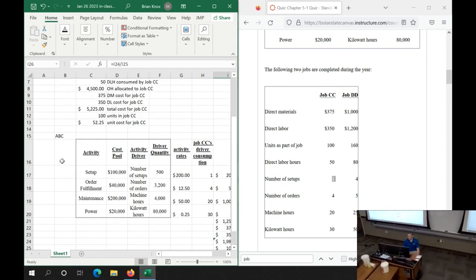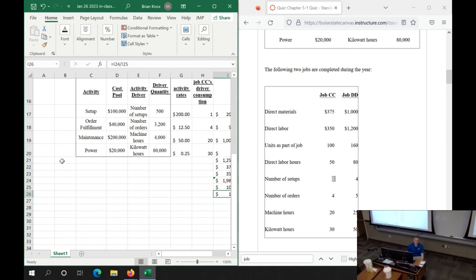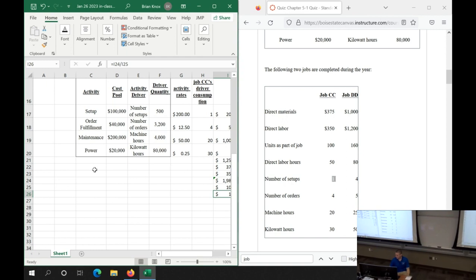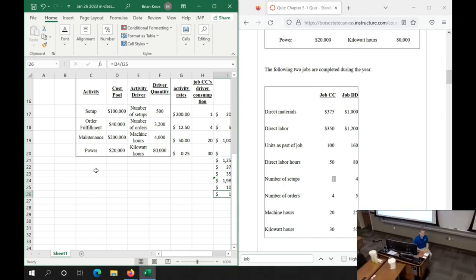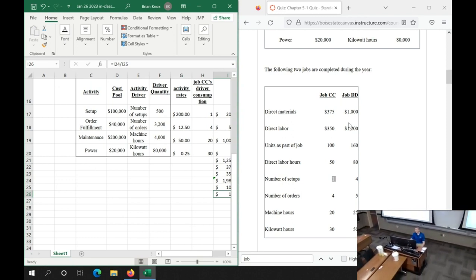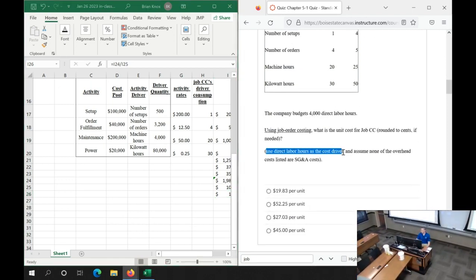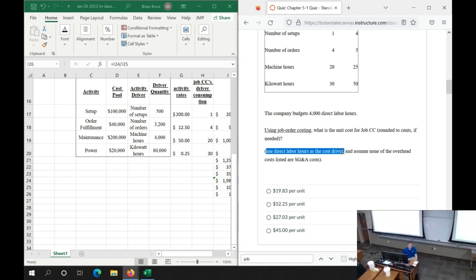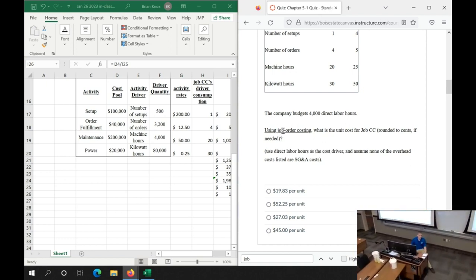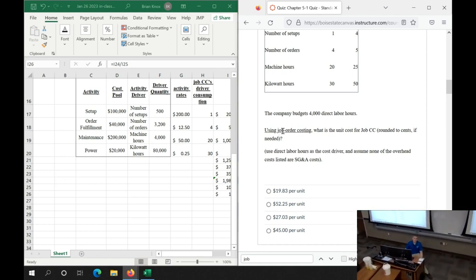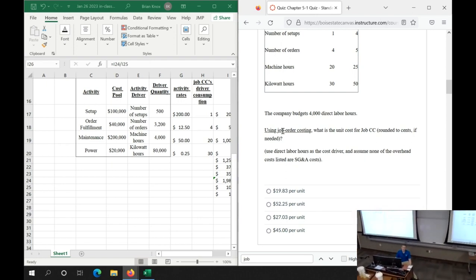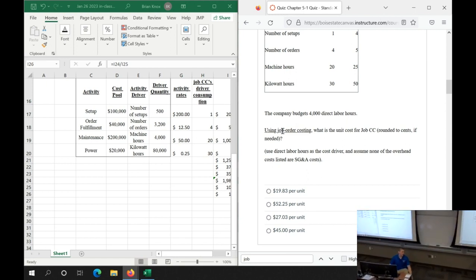All right, questions on there? Did the problem tell us that labor hours was going to be our cost driver? Yes, at the very bottom here, it wants you to use direct labor hours as the cost driver. And would you say the ABC method is more accurate? Yes. I want to say almost always.